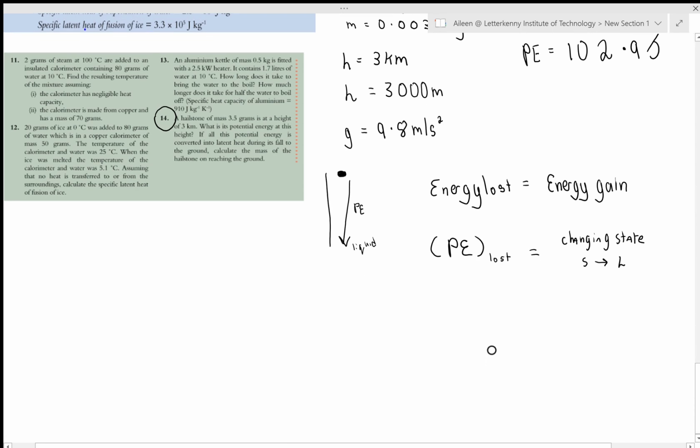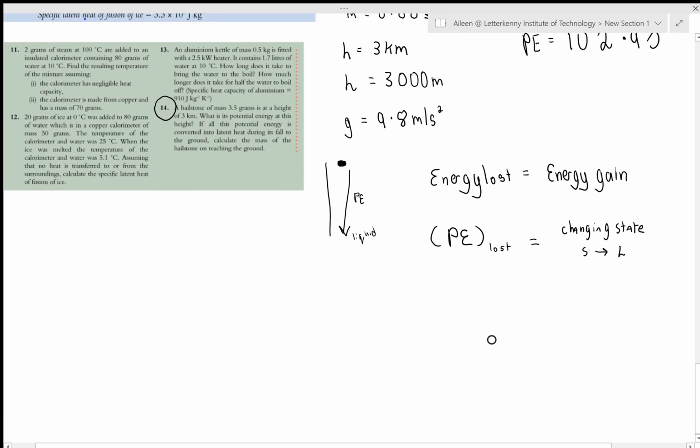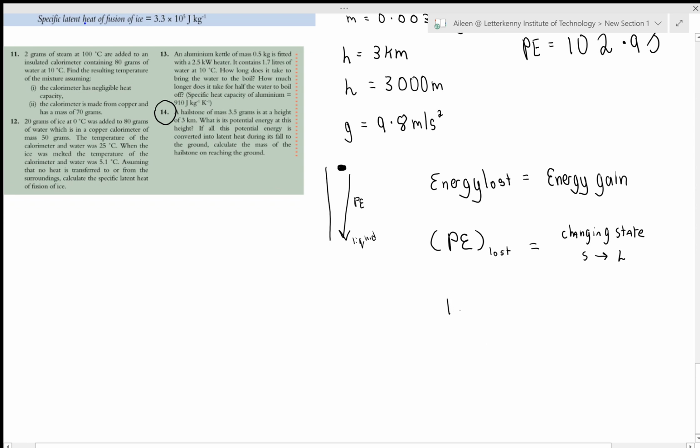From here, we substitute in what we know. We know that it loses 102.9 joules of energy, and we want to find the mass of our hailstone. If our object is changing state, the energy gained is Lm, where L is the latent heat of fusion, because our object is changing from a solid to a liquid.